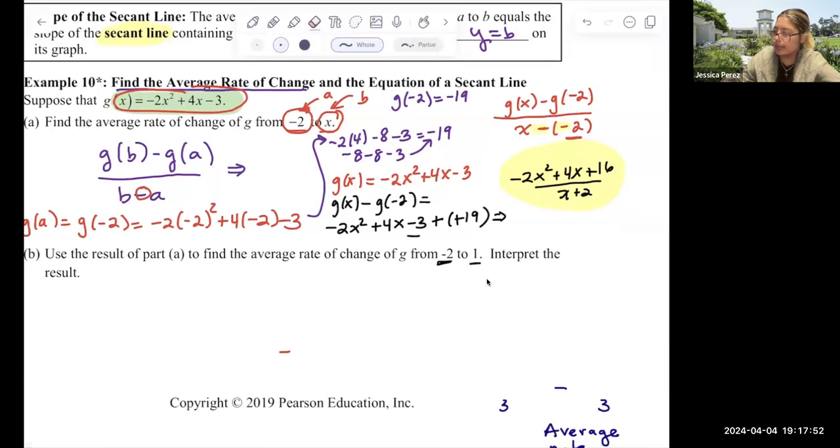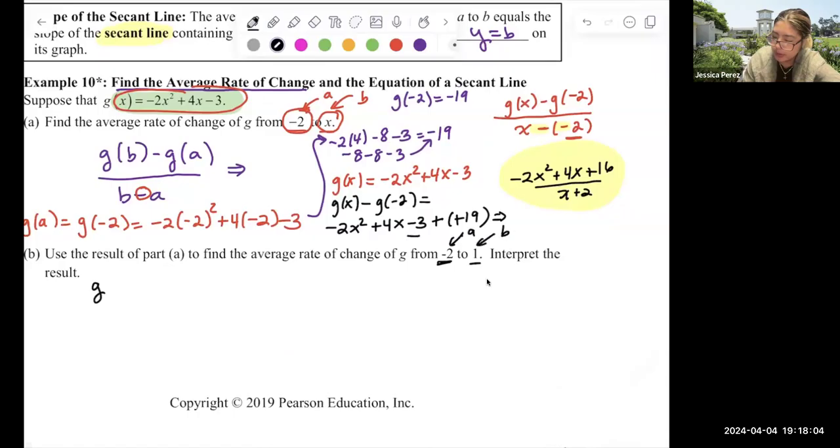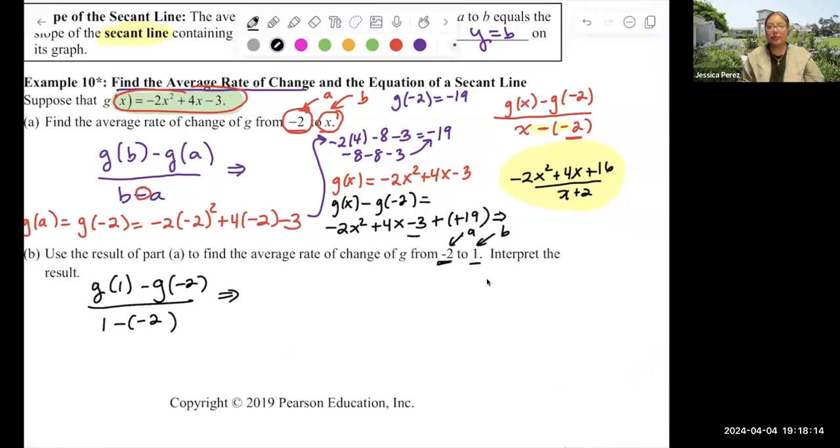There are two ways I could do that. I can directly substitute into g. So this is a and this is b. I can do g(1) minus g(-2) over 1 minus -2, and then substitute.